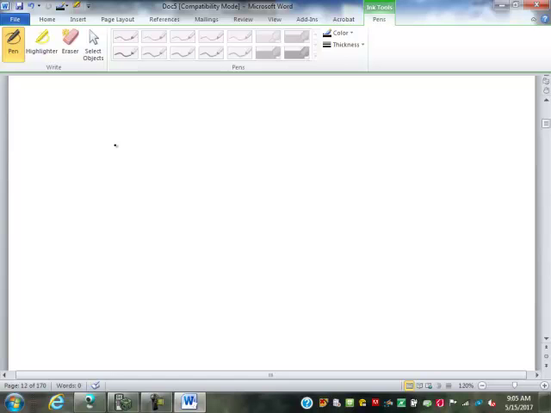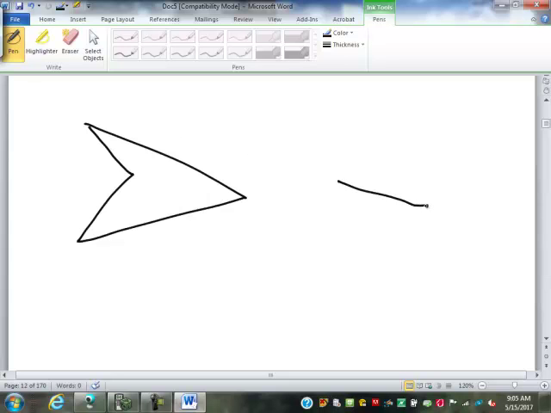We also had similar figures. I might have something like that, where I tell you that one of them is an enlargement of the other.